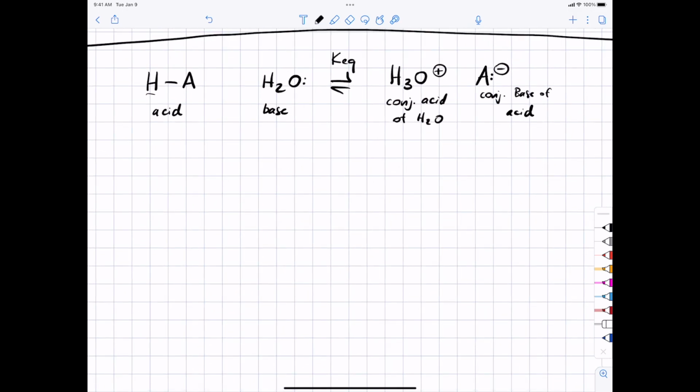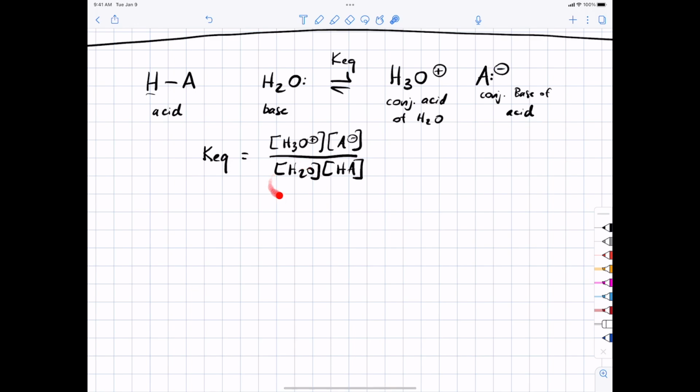Now you can measure that equilibrium constant. We would define that as Keq equals H3O plus times A minus over H2O times HA. Now in Gen Chem they told you that these are really not concentrations, they're activities, and they maybe told you something about an activity coefficient, which you promptly ignored because most of the time we do.